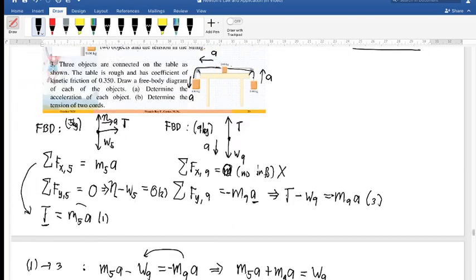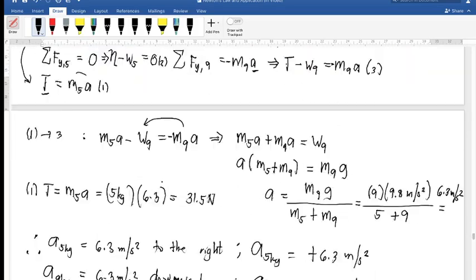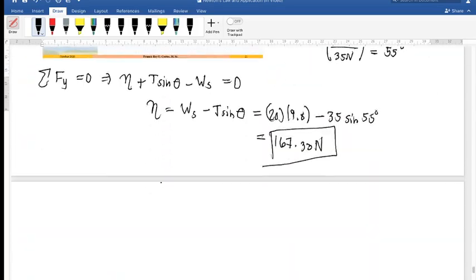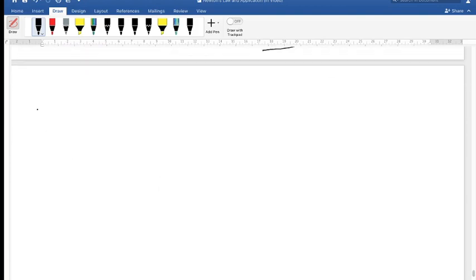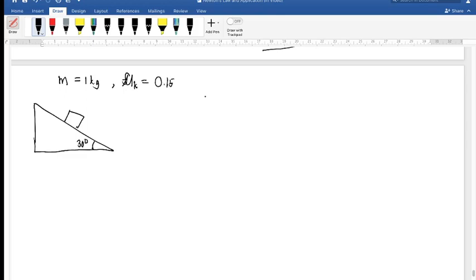Pero mas nindot if hatagan sa nato usa na lang ka example. Okay, so I will just give you some example about inclined plane. So how about if naay inclined plane, okay, naay angle say 30 degrees, and naa ako'y block diri nga ang mass of the object is equal to say 1 kilogram, then naa siya friction and naa siya coefficient of kinetic friction as we can point as 0.15.